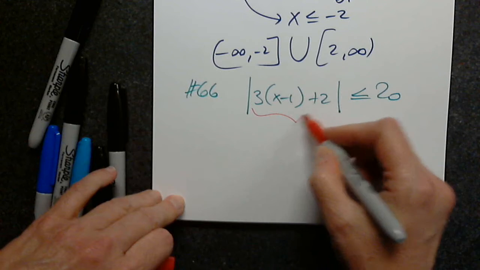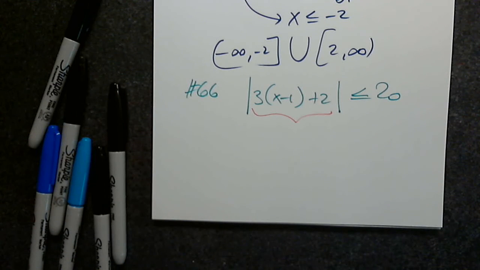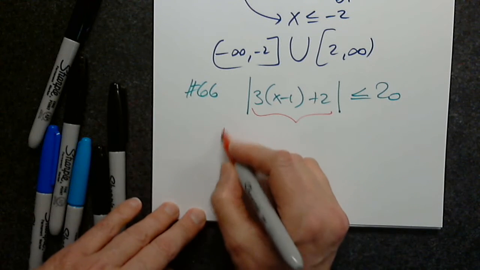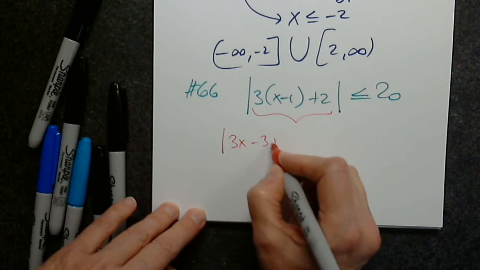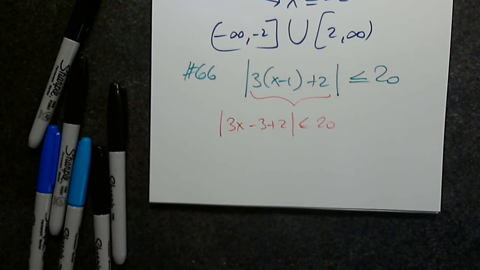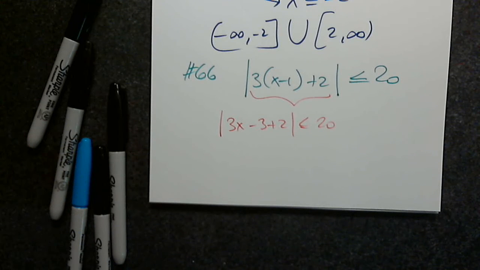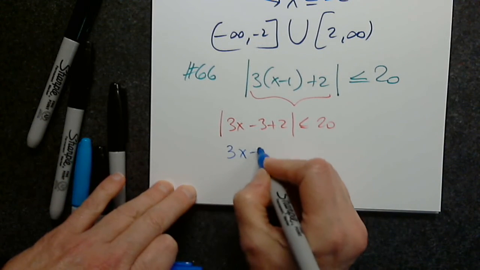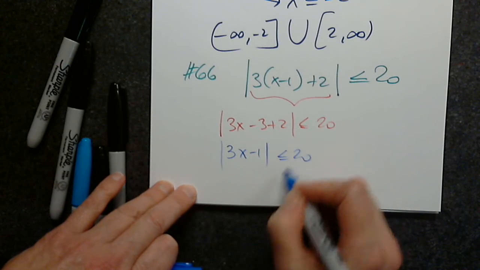But inside it, I can perform the regular operations in order of operations, right? So I will write 3x minus 3 plus 2 less than or equal to 20. I have to clean it up first. It's not ready for any discussion. That's why I'm simplifying it as much as possible. So then this is 3x minus 1 less than or equal to 20.